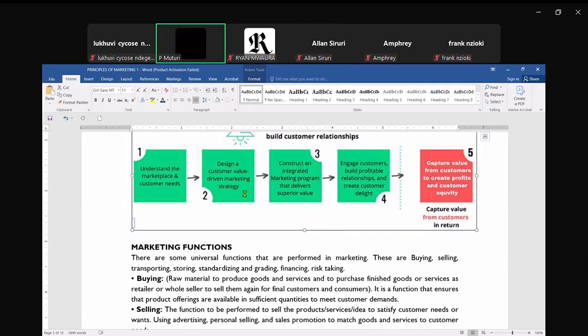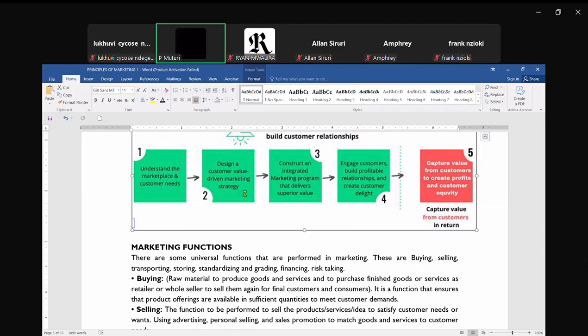So the marketing mix strategy. Then you also have other marketing strategies. For instance, how do you do market profiling? We call that market segmentation strategy. So that is within the second step: market segmentation, targeting and positioning.